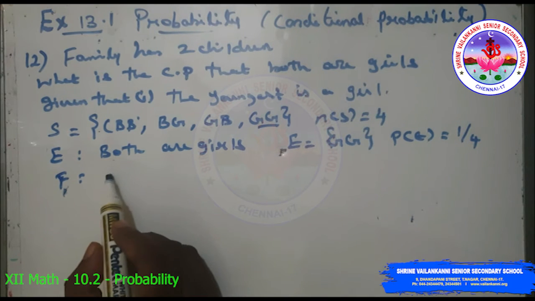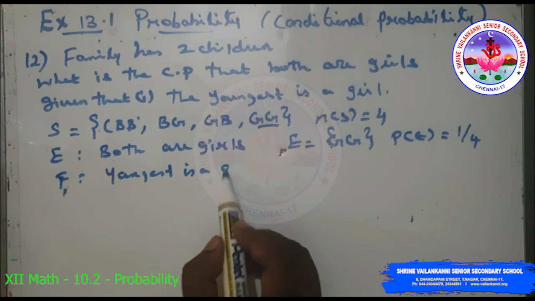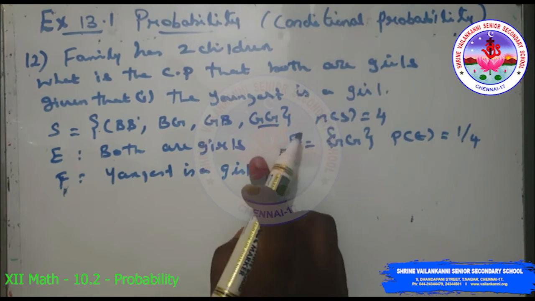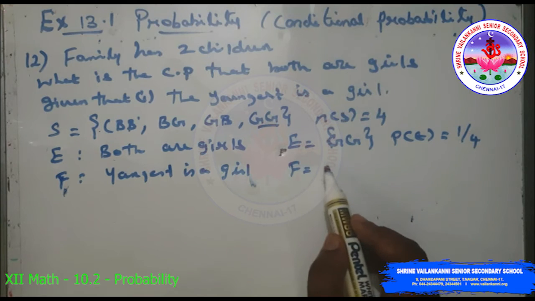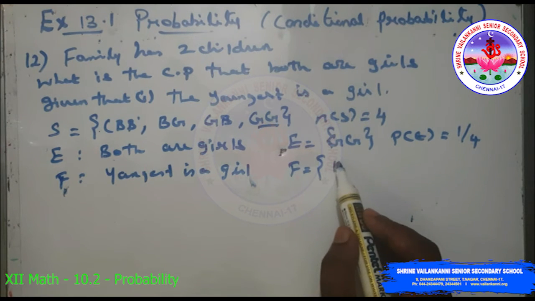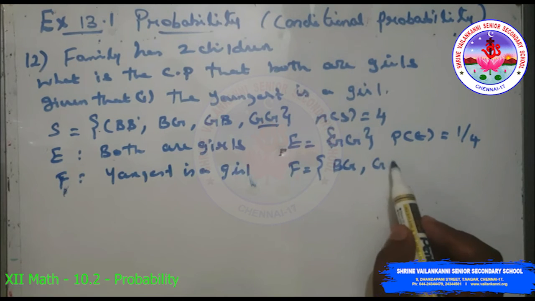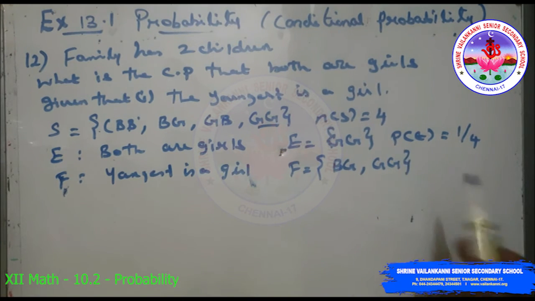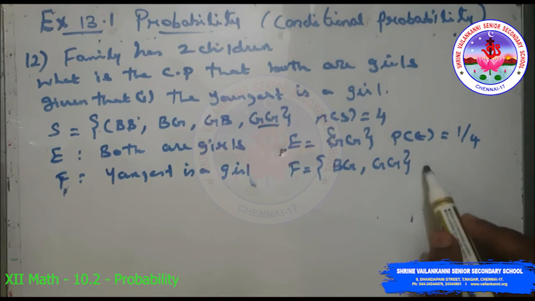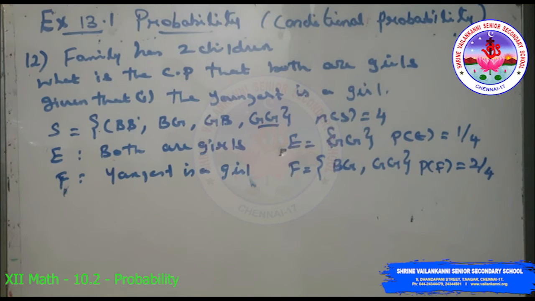So if the second child, youngest, is a girl, the first child should be maybe a boy child, or both would be a girl child. So P of F is 2 by 4.